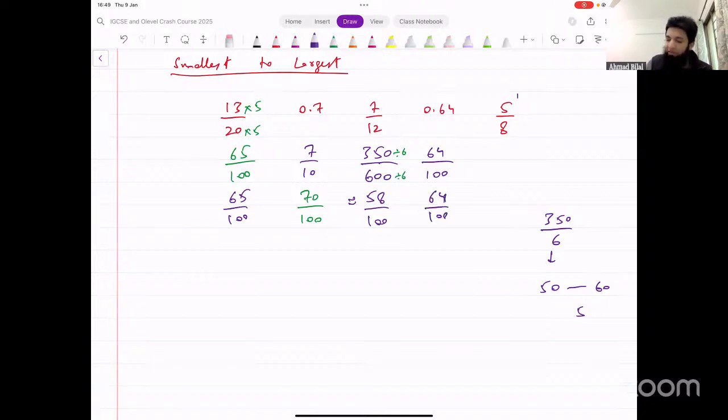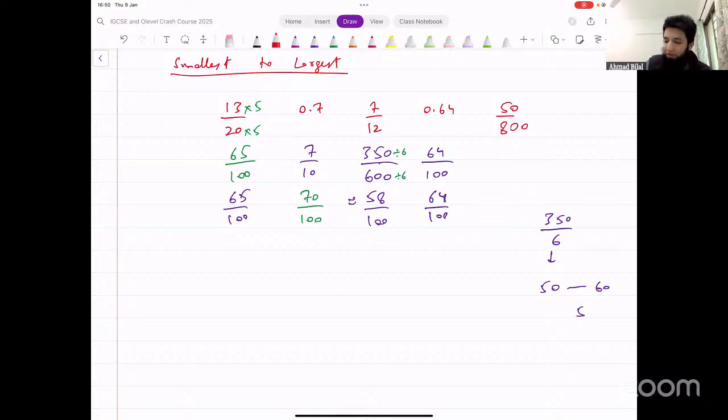And then finally, we've got 5 over 8. Again, if we want to take 8 to somewhere around 100, we think of how we can take it to a multiple of 100. For instance, if we add a 0, we get 50 over 80.